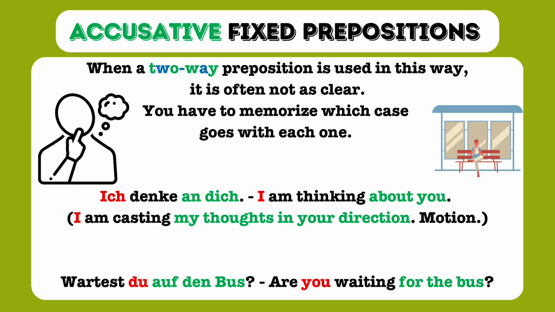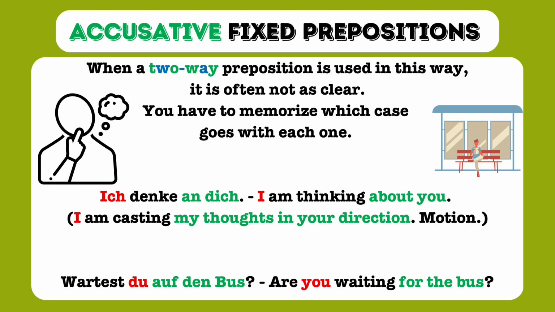It's probably in your best interest to figure out whether each one uses accusative or dative when it doesn't literally mean a change in location. It's a little difficult to understand sometimes, so let me walk you through some examples.